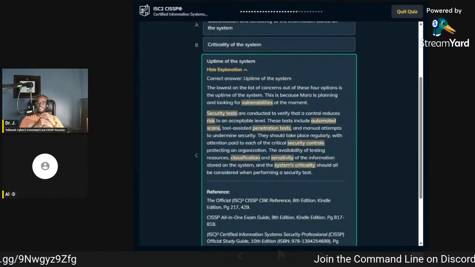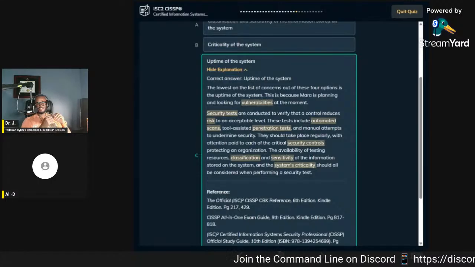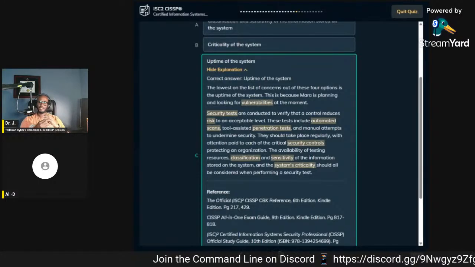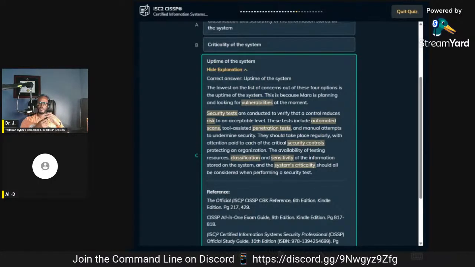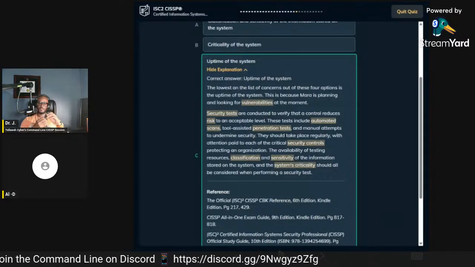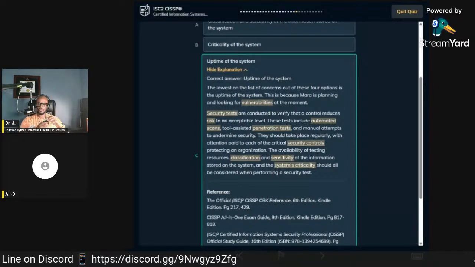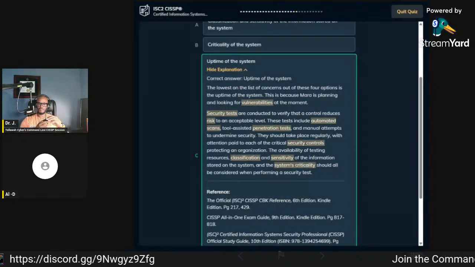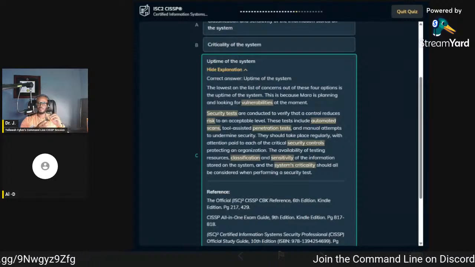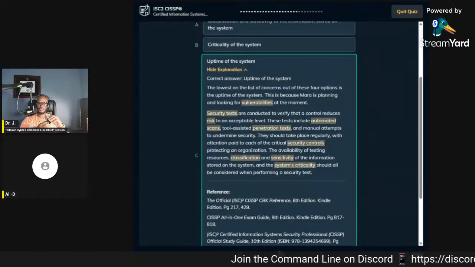All right. So the lowest on the list of concerns out of these four options is the uptime of the system. This is because Mara is planning and looking for vulnerabilities at the moment. Security tests are conducted to verify that a control reduces risk to an acceptable level. These tests include automated scans, tool-assisted penetration tests, and manual attempts to undermine security.